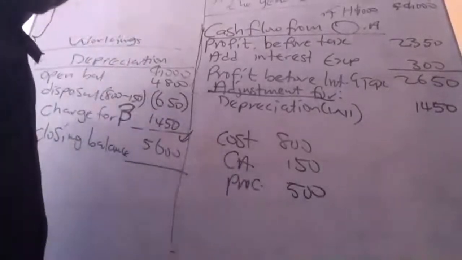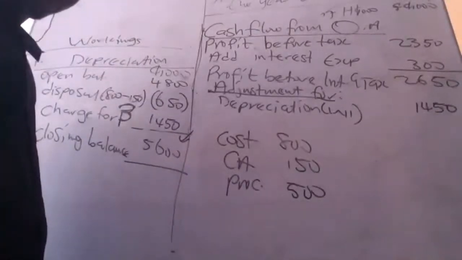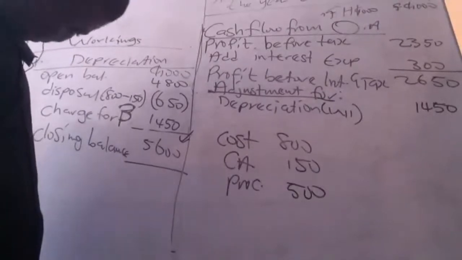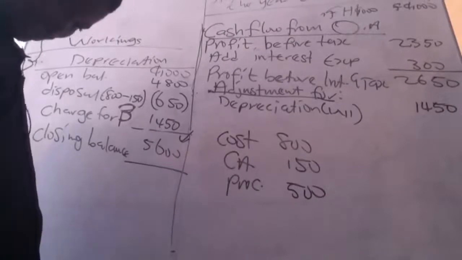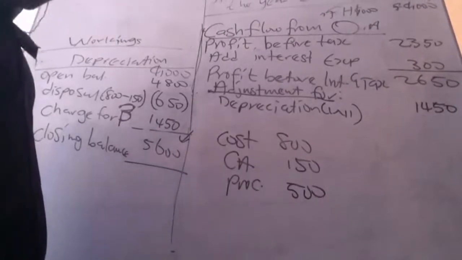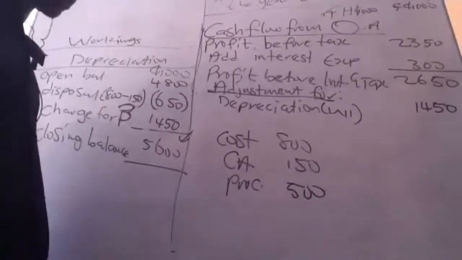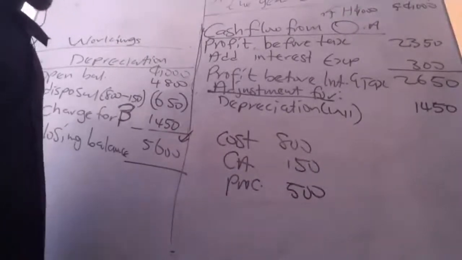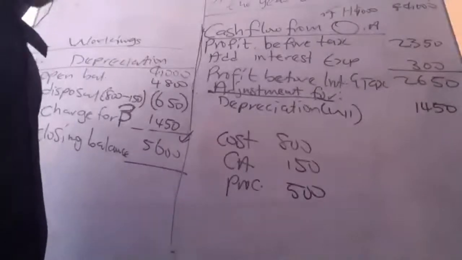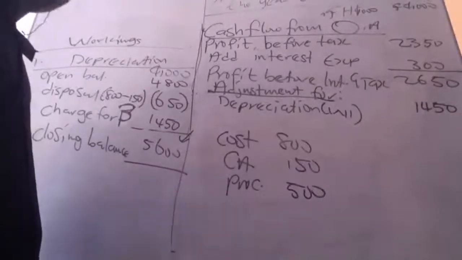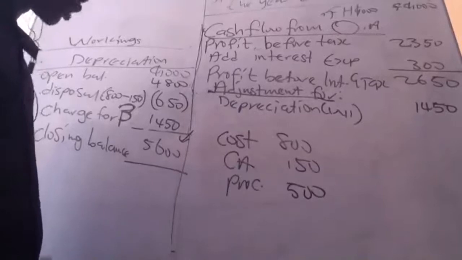All right, so how would you know whether depreciation has been added or not? This one should come from the P&L preparation, the financial statement, when we're doing the profit or loss. So depreciation, have they added it to the profit or they've subtracted? Depreciation expense, they've subtracted. What do we do?